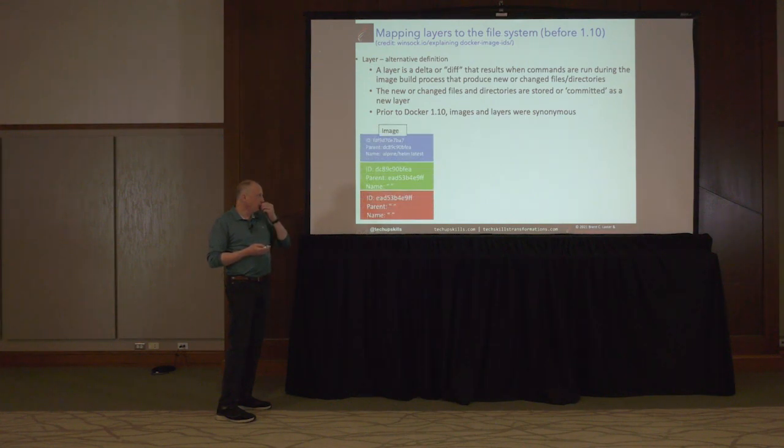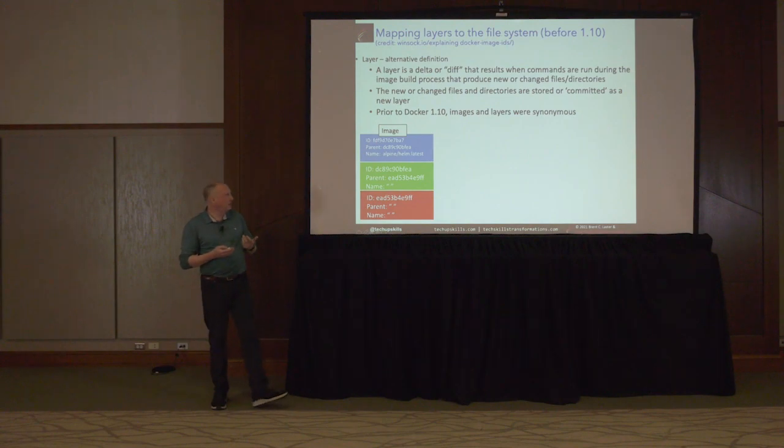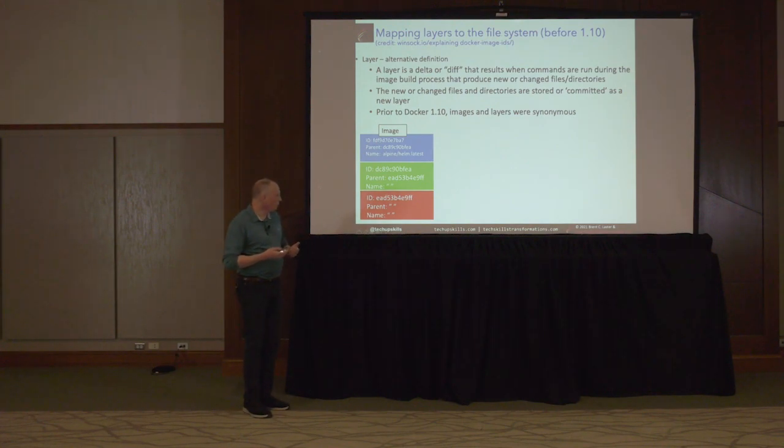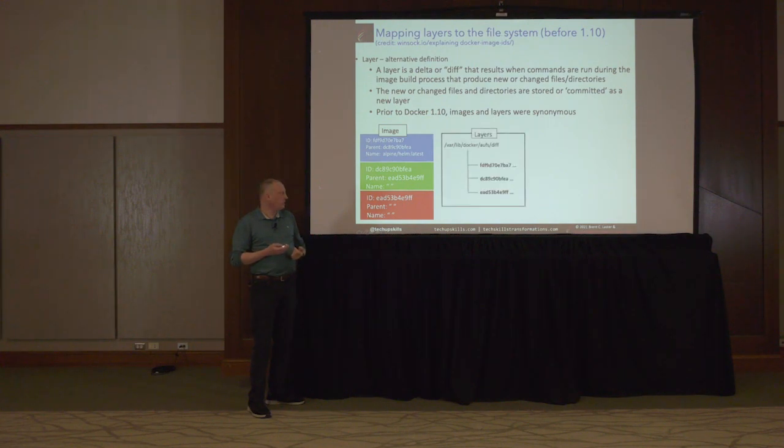Prior to Docker 1.10, images and layers were synonymous. What we mean by that is that if you were to look at an image, you would see that set of layers stacked up there, and they have their own unique ID, this DC89 or EAD, whatever's in there. So we have a set of layers, each one with their own unique ID.